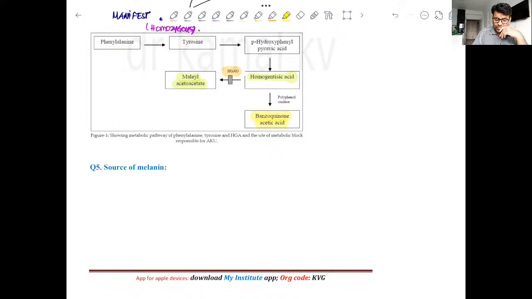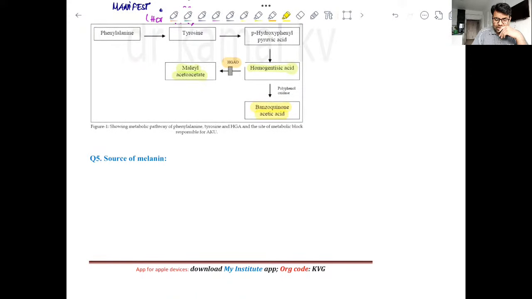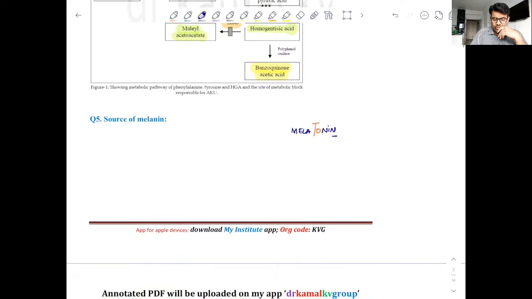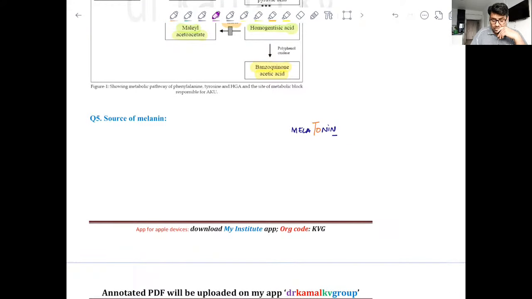Then moving forward, source of melanin. Now this sounds like a very easy question, but there is one more hormone, and that is melatonin, right? So this is melatonin. So both the hormones sound similar, but melanin is synthesized from tyrosine.